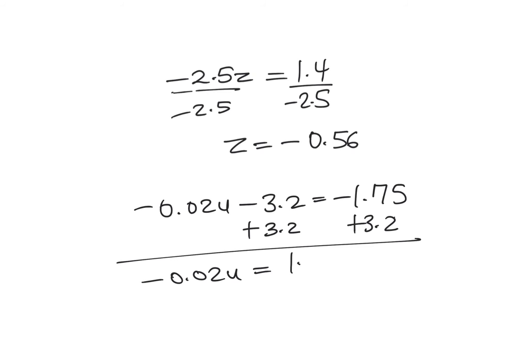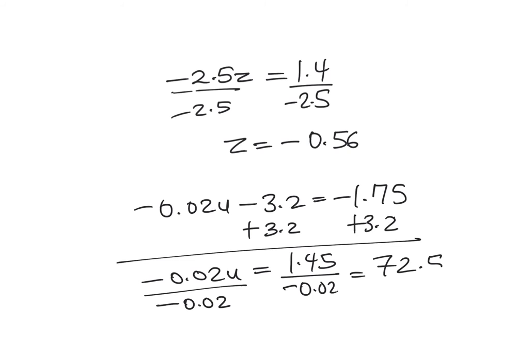So we have 1.45, and we divide both sides by negative 0.02. And when we do that, we have negative 72.5, right? Because a positive divided by a negative is a negative.